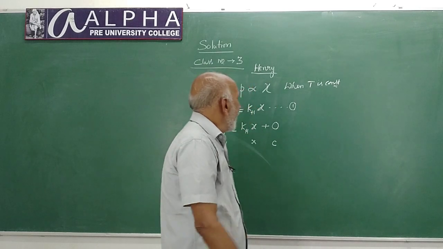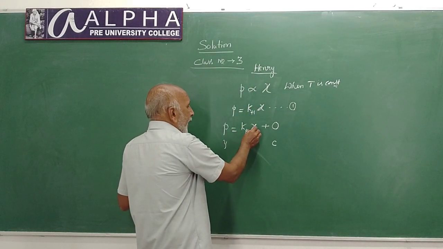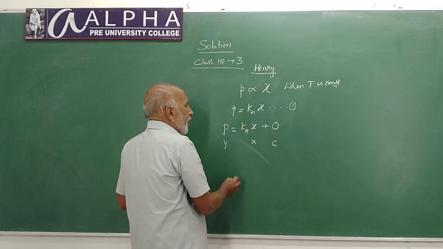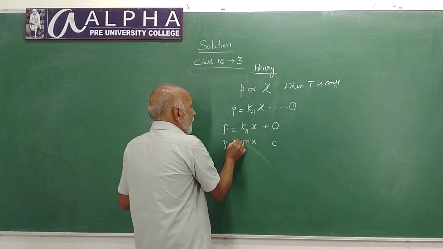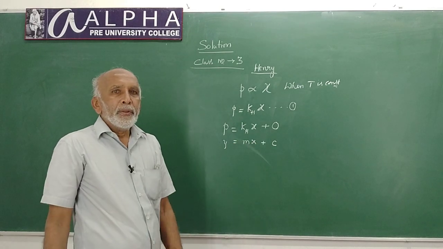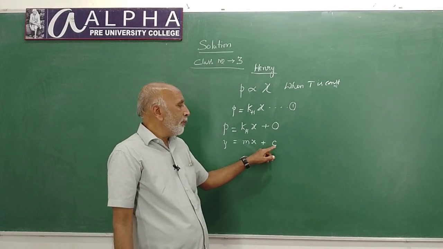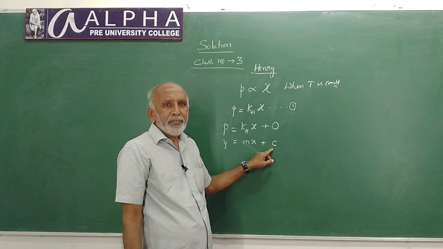Now, P is equal to KH into chi. KH is Henry's constant. Let this constant be m. Now, it is y is equal to mx plus C. We know that y equals mx plus C is the equation for a straight line.